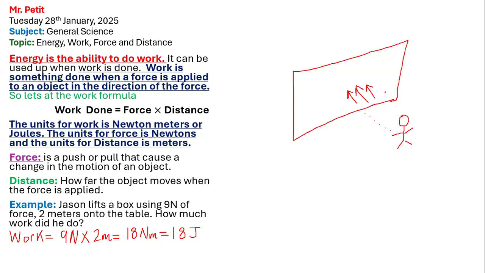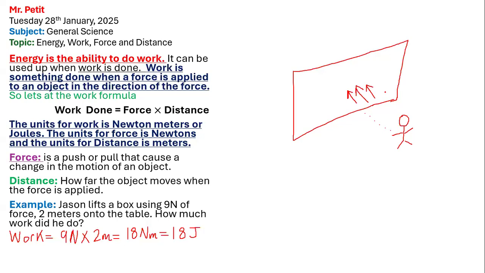So technically speaking, even though you push, if the wall does not move, technically you did not do any work from a science standpoint. Don't care how much you push, how much you exert all the energy. If the object doesn't move, no work was done. Even though you're tired, even though you fatigue, no work was done.